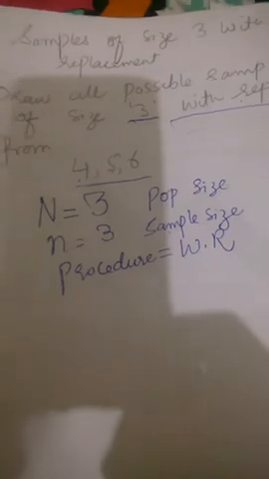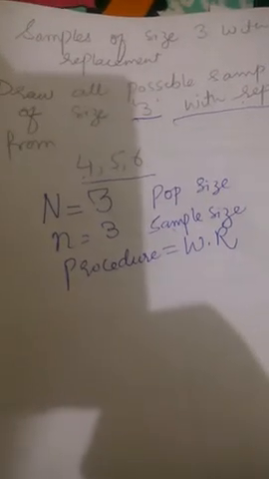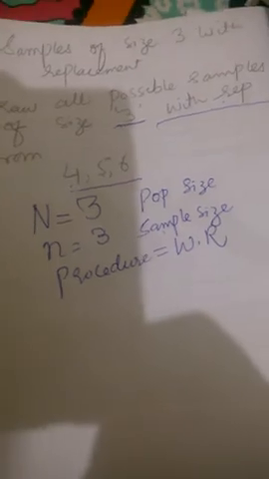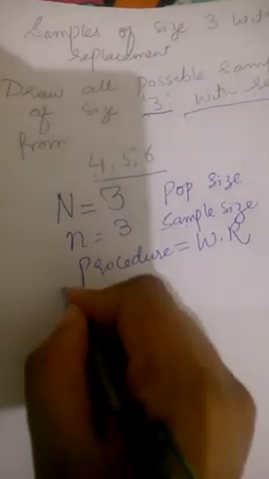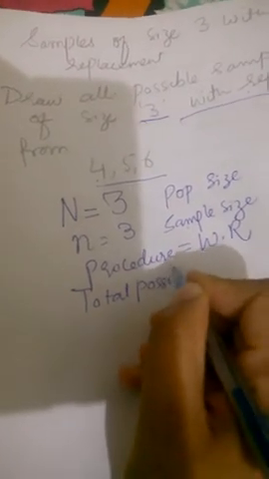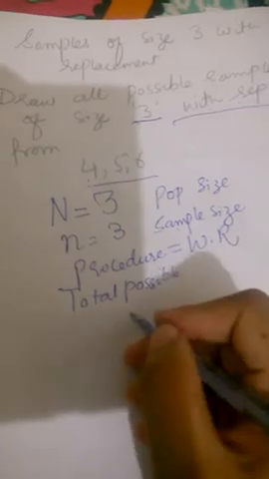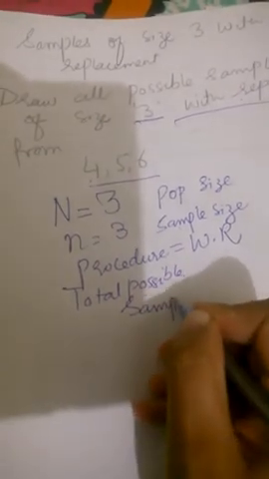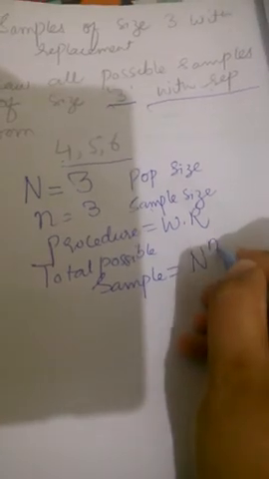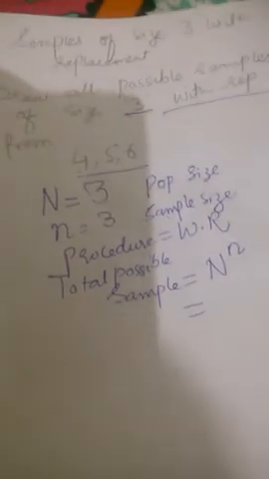Now, to draw the samples of size 3 with replacement, first of all we have to find the number of total possible samples. The total possible samples can be found by the formula capital N raised to power small n.